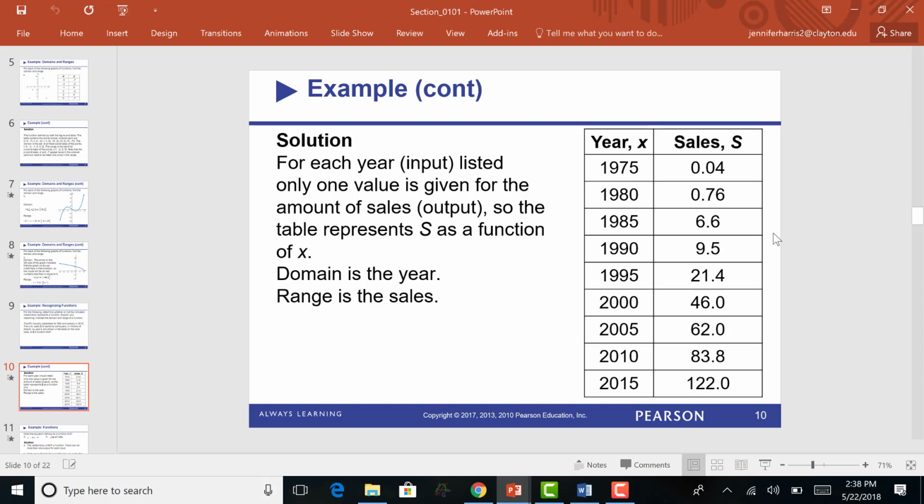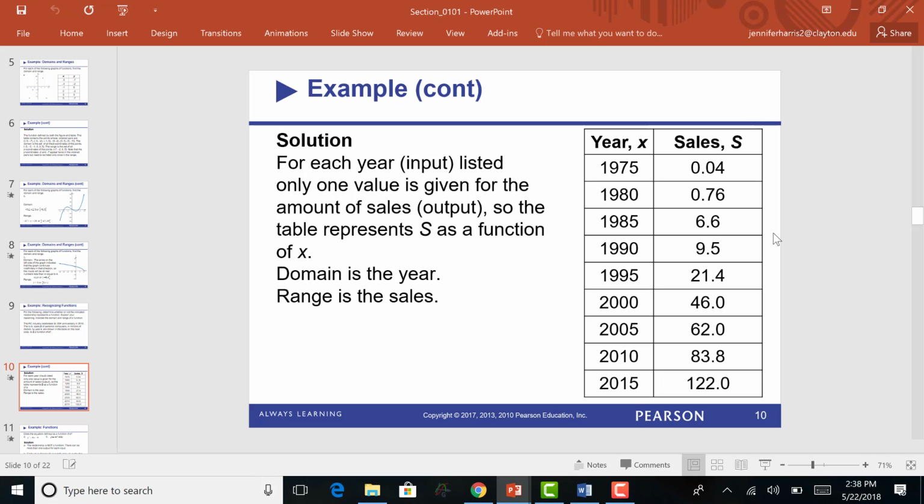All right, so that was the domain. What's the range? Somebody tell me how to write the range. 0.04 million, less than or equal to. No, what letters are they using?